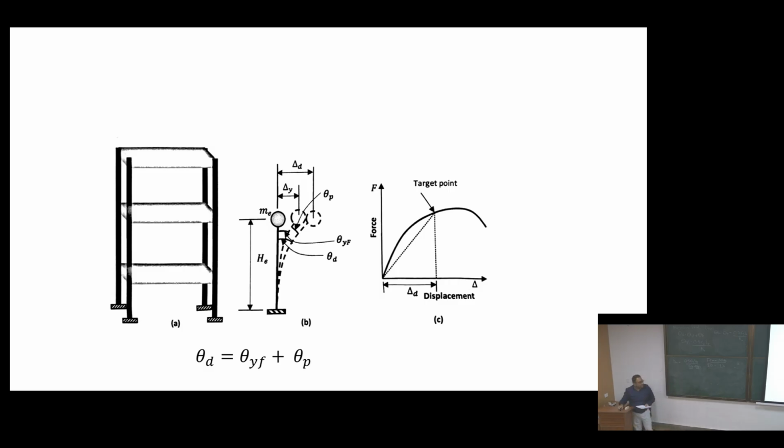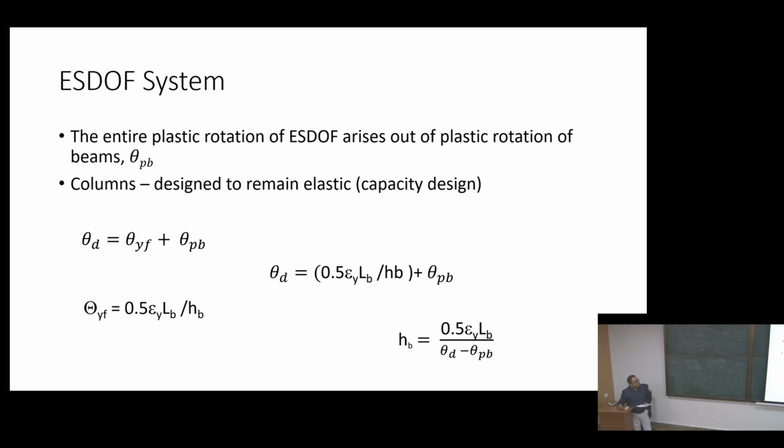What does permanent drift mean? After the earthquake, if the building is listing or has drifted, the permanent drift should be less than 1%.